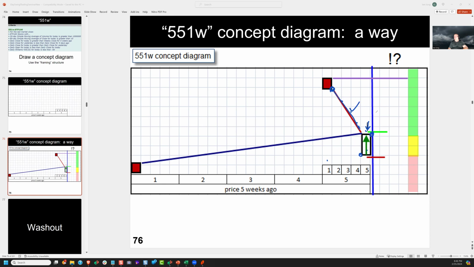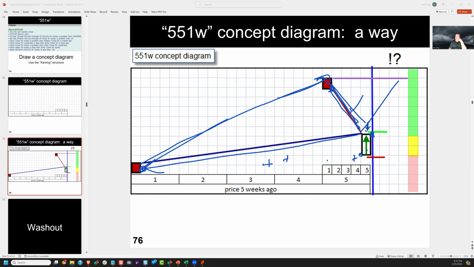So that's a check. That's the retracement. That's the buy on dip. So 5 weeks ago, the close was here. And you can see it's up. And then there's the pullback. But the close today is still greater than the close 5 weeks ago. So I still have a positive move.